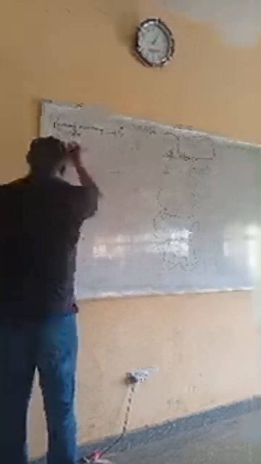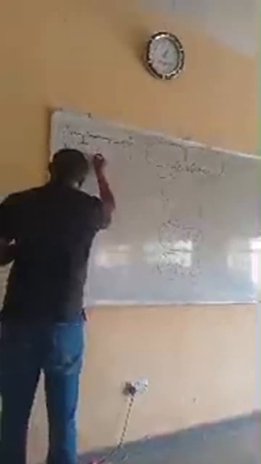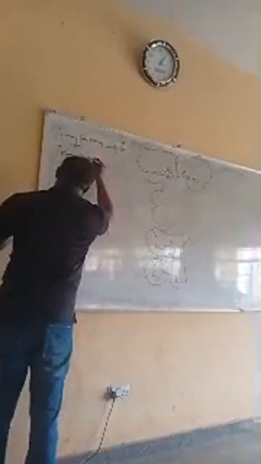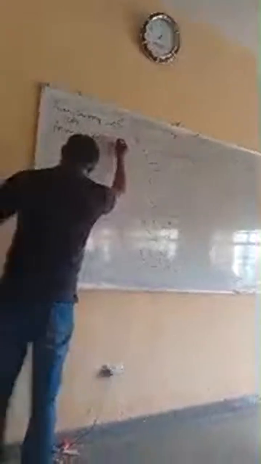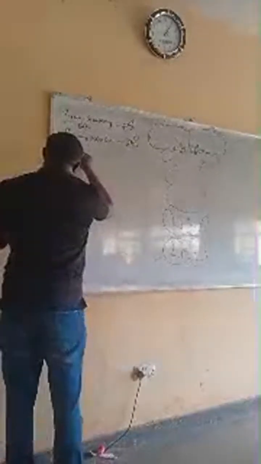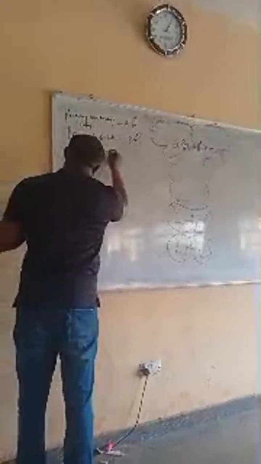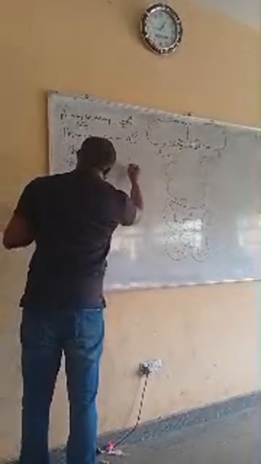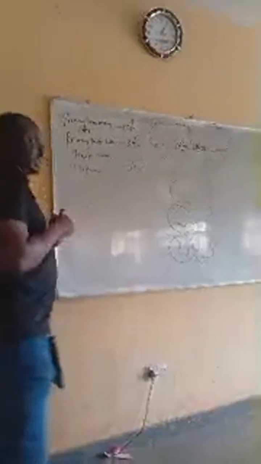Then the primary motor cortex contributes 20%. The premotor area and the supplementary motor area contribute 30%.